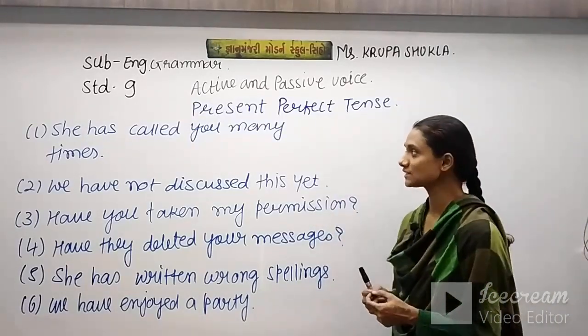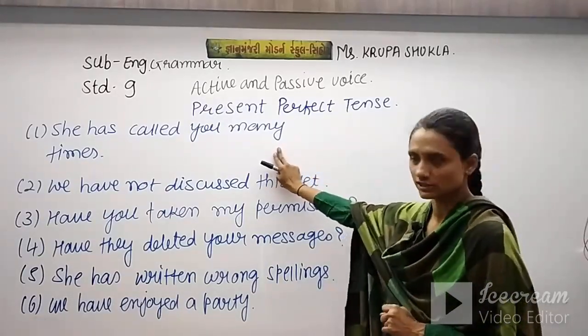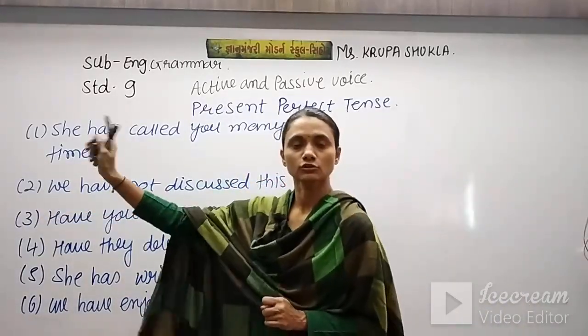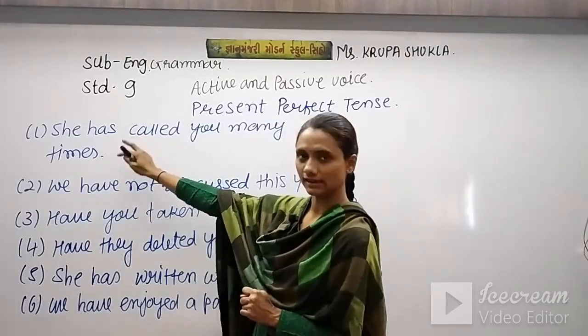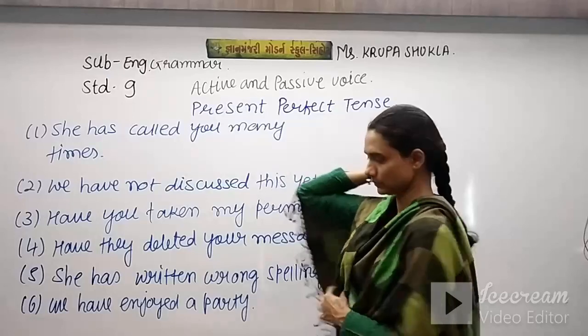First is, she has called you many times. This 'many times' will not be changed, so 'you' will come first. So as we have 'you', that's why we take have. You have been called by her many times.